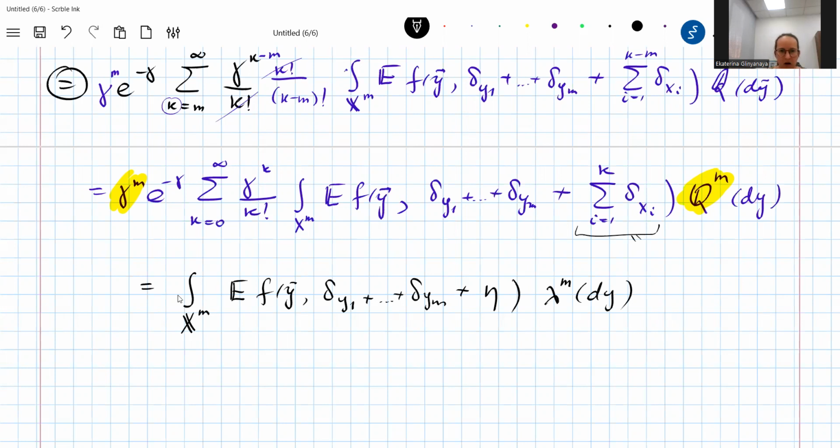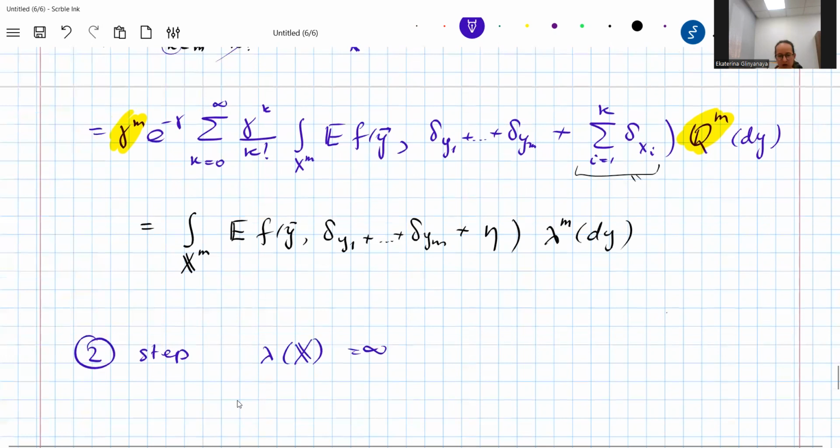And here I forgot to say that the second step is when we consider lambda equal to infinity, but I believe we did such a step before, so we just need to consider the sum of independent Poisson processes. We did it once, so I left it out because we considered the main idea here.